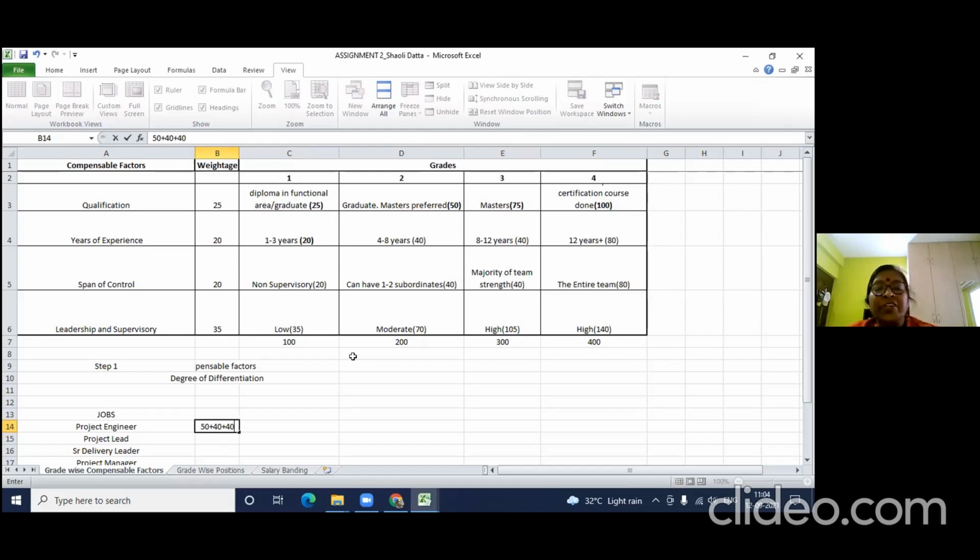Typically, a project engineer can have a span of control of 1 or 2 subordinates. So I'm giving him say 40. Plus leadership and supervisory, project engineer, moderate. 35, I guess. Okay, 35.